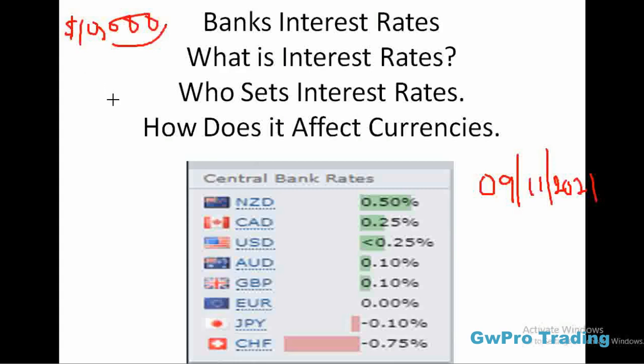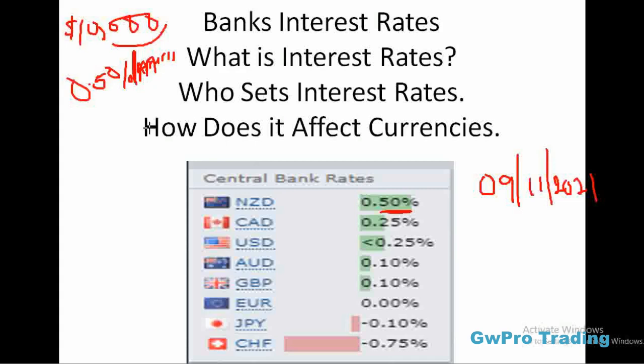And the bank pays you this interest rate of 0.5%, say per annum or quarterly. You can also have that quarterly. But for the sake of this presentation, I'll say paid monthly.